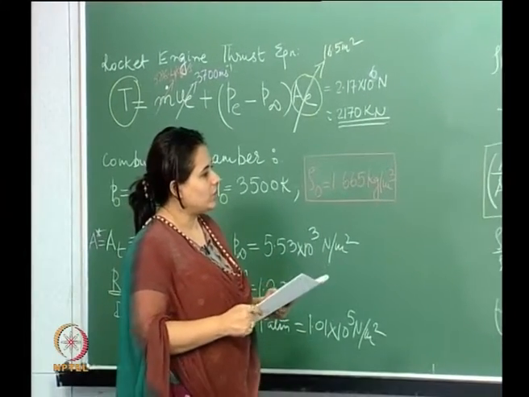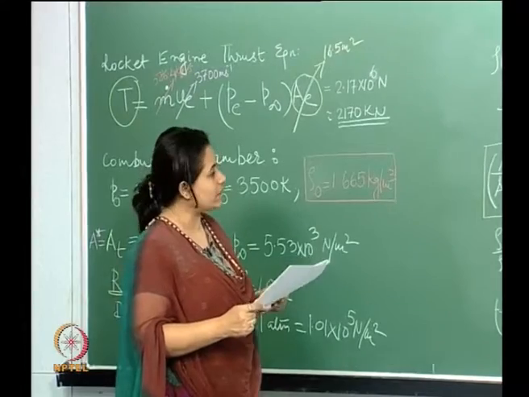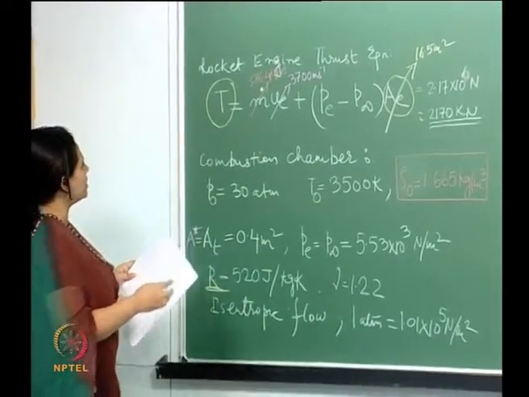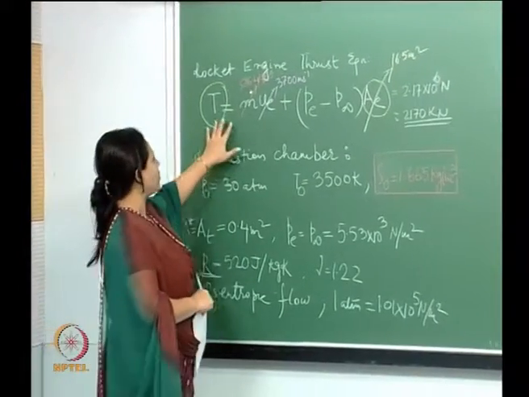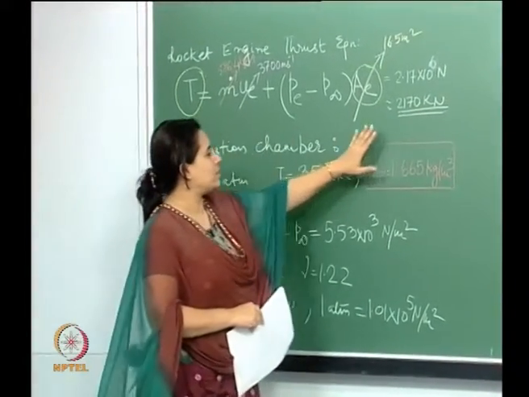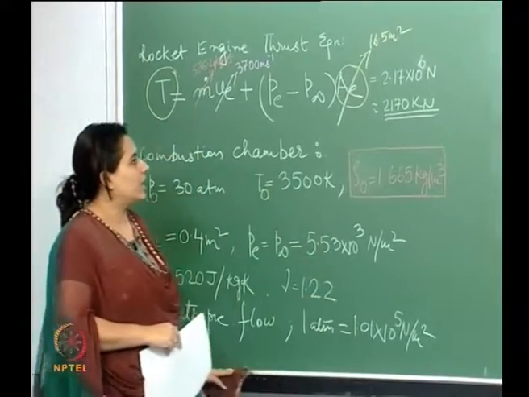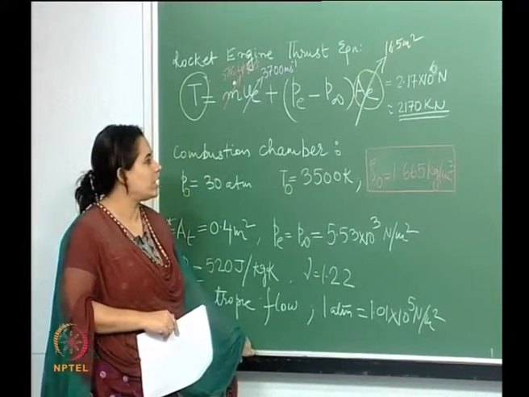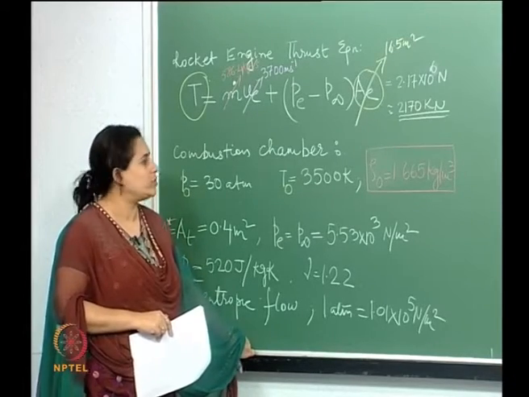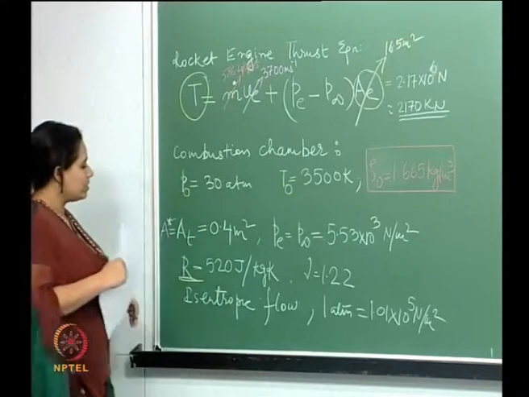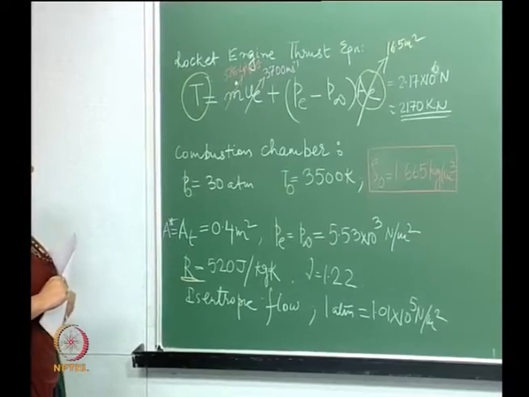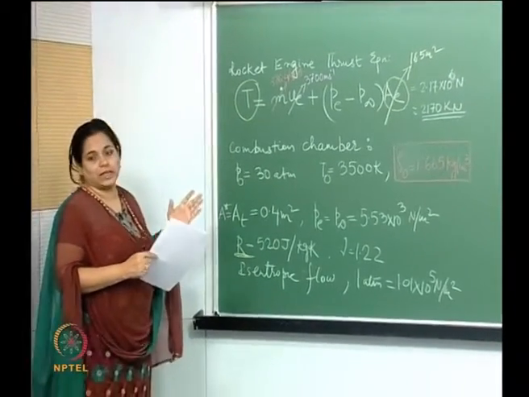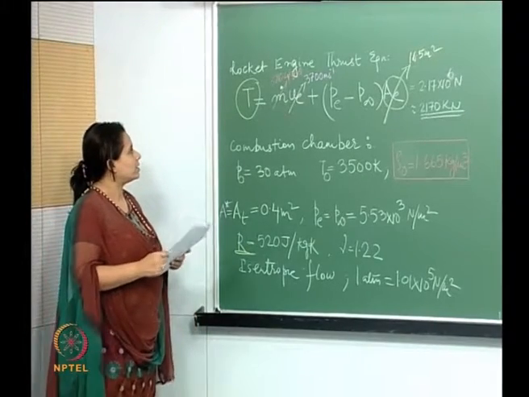When I am able to do this, I generate a thrust of nearly 2,200 kilonewtons with a rocket and a diverging nozzle like this.